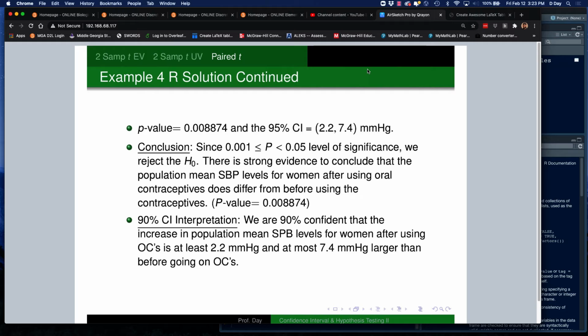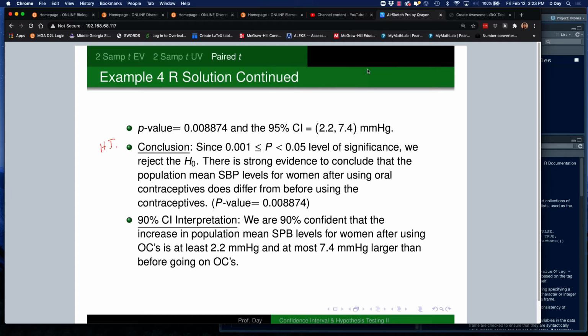So with that small p-value and that 90% confidence interval, we can conclude for the hypothesis test conclusion, since our p-value is between the 0.001 and 0.05 level of significance, we reject the null hypothesis.